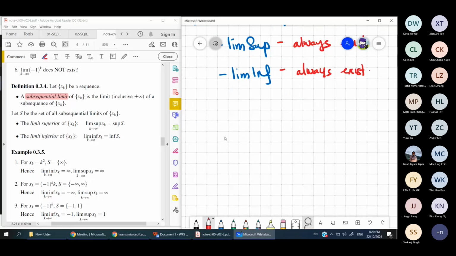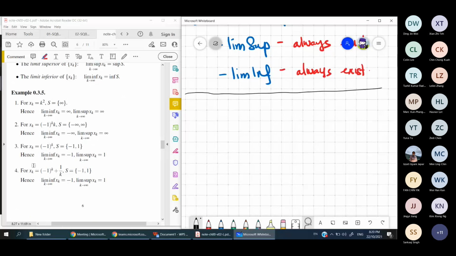I think going through examples will make it much easier to understand the concept, so we look at them one by one. For the first one, x_k is k squared. You can see there is only one limit, which is infinity.